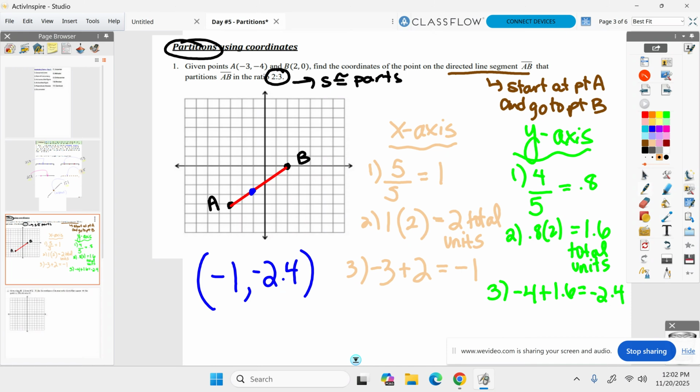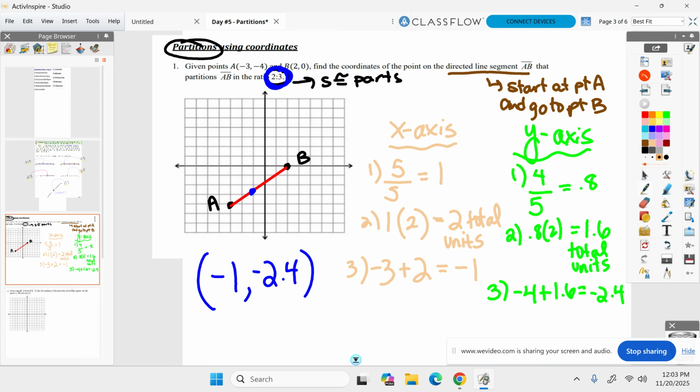And it should also make sense with the ratio. Remember what 2 to 3 meant. 2 to the left, 3 to the right. What one should be smaller up here? The one to the left. And yes, that is smaller than the one to the right. So it should land on your line and make sense with your ratio.